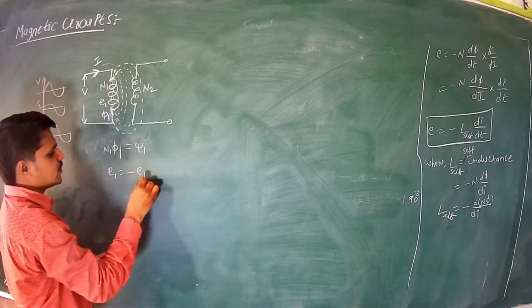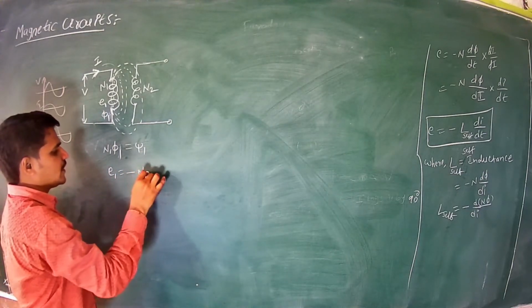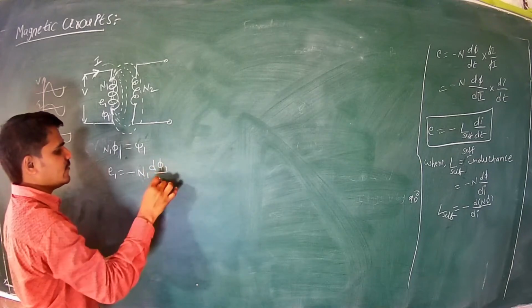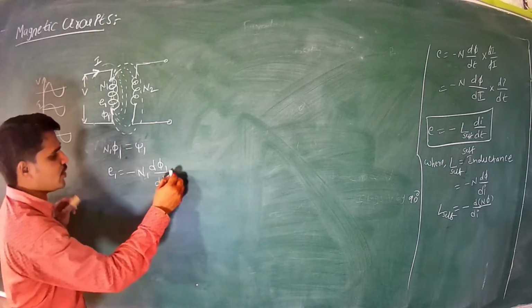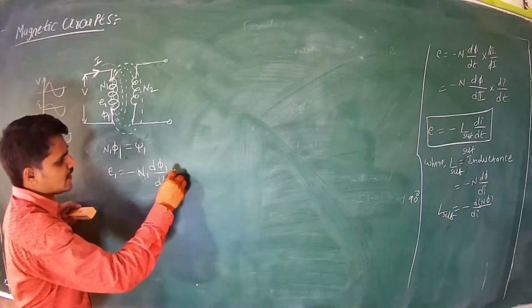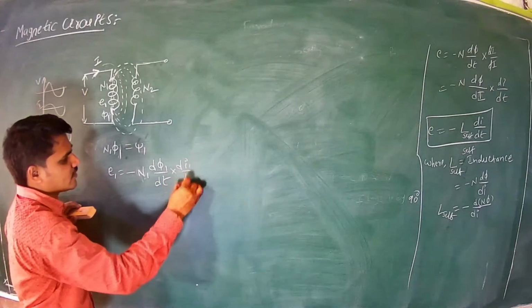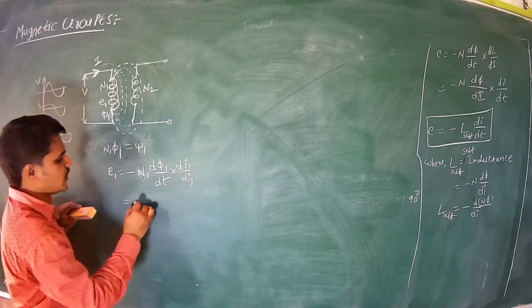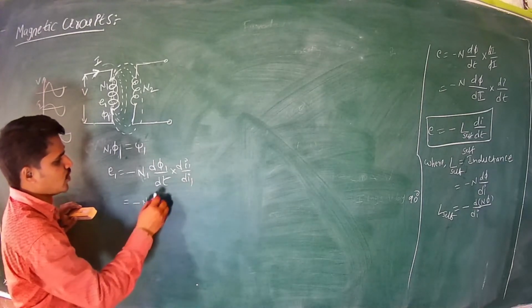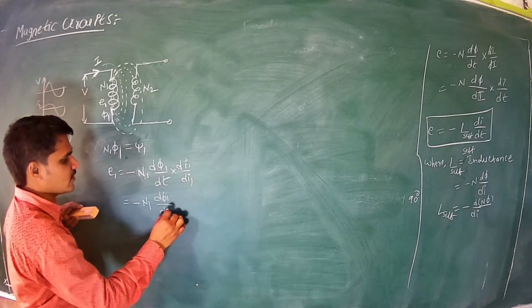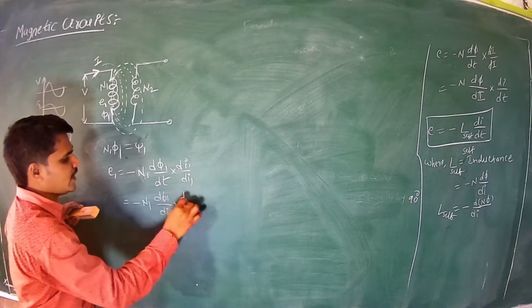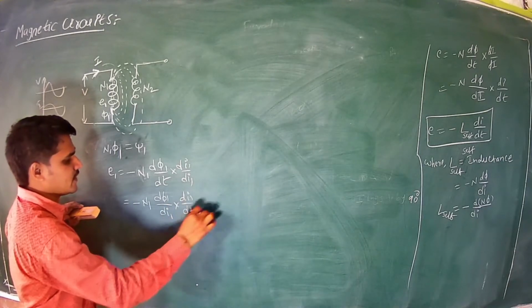That is E1 equals minus N1 into d phi1 by dt. Whenever you multiply and divide by di1 by di1, you get minus N1 into d phi1 by di1 into di1 by dt.